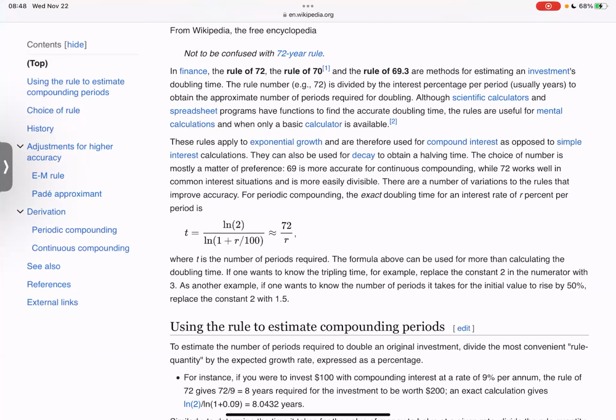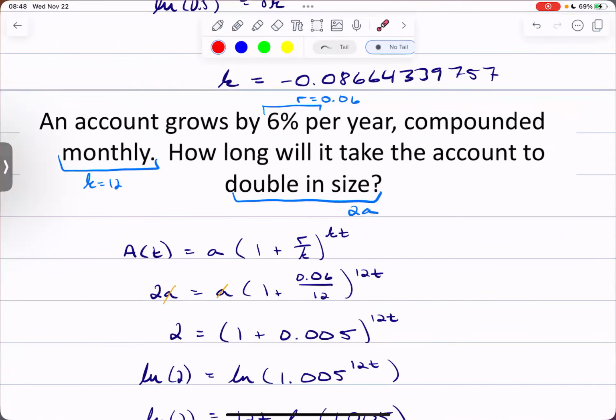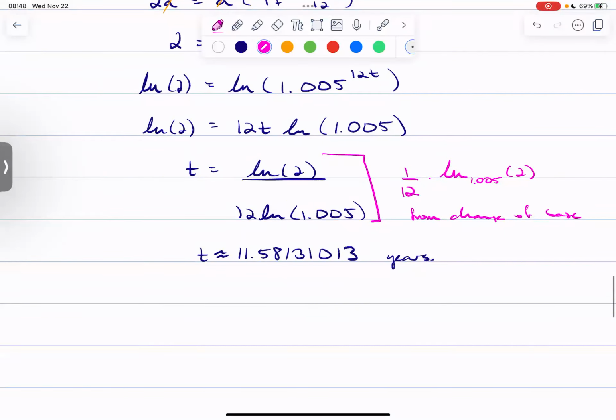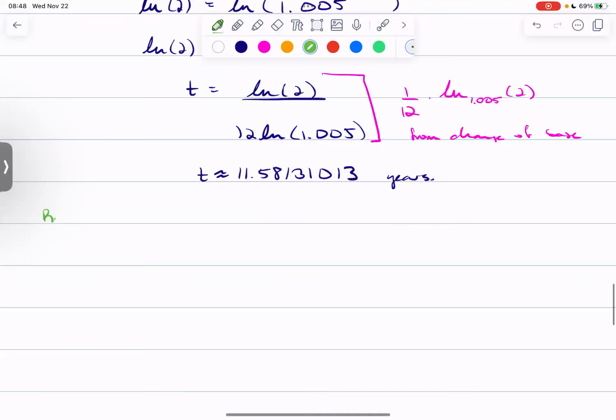72 divided by 6. Does it work? 12. Pretty close to 12. Okay, I'm ready to tell you about the rule of 72. The rule of 72 is 72 divided by R percent.